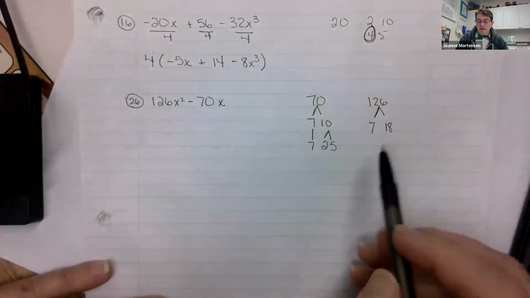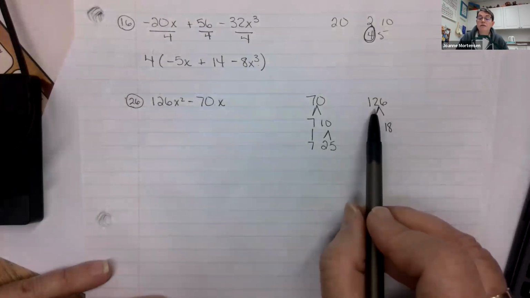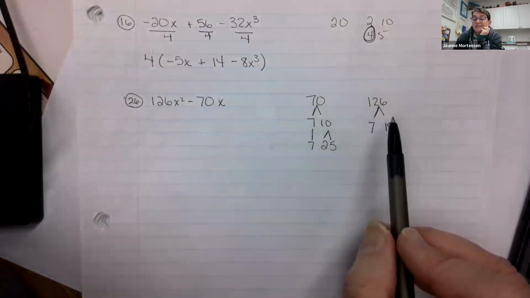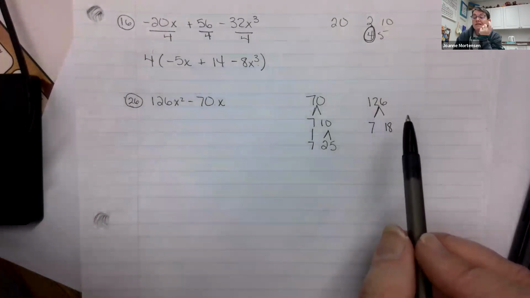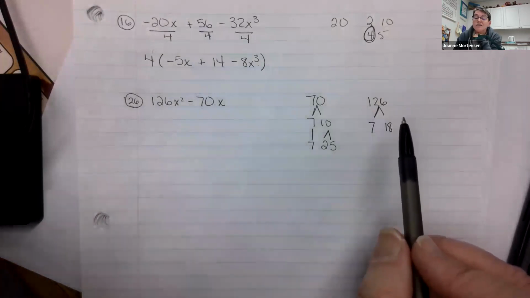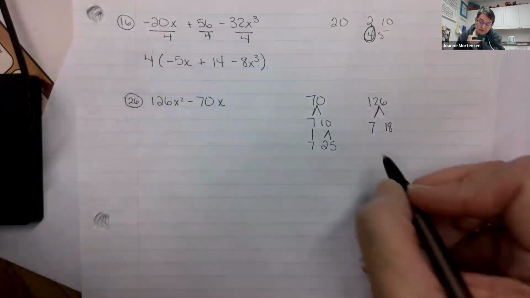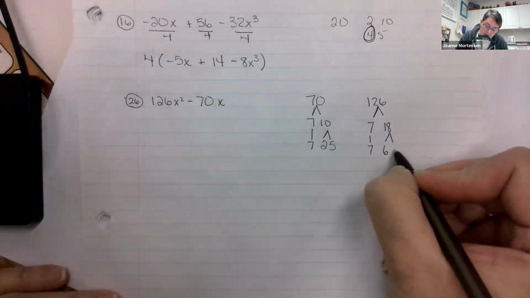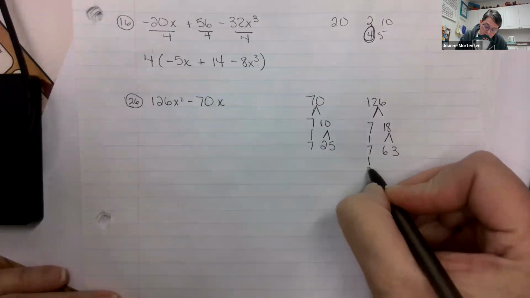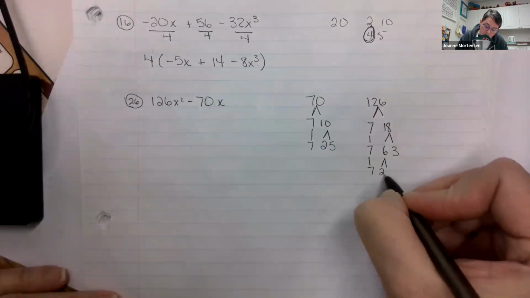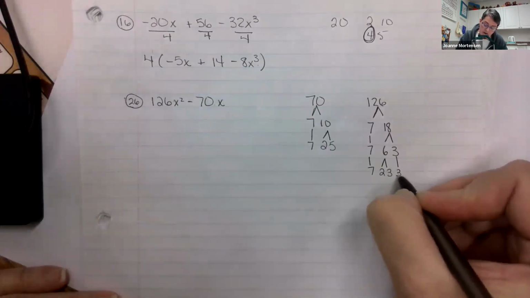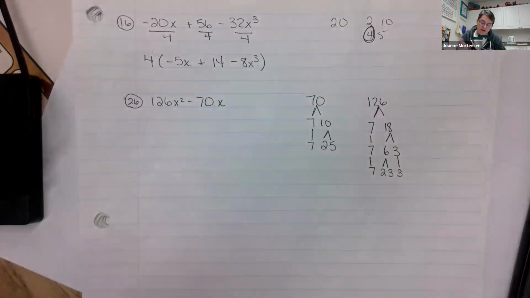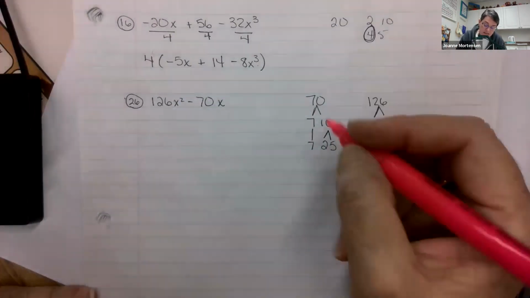I certainly could have started with 2 because when I originally looked at it, I thought, well, it's even, I know it's divisible by 2. So 7, 6 and 3, 7, 2 and 3 and 3. So my common factor, yep, it's 7.